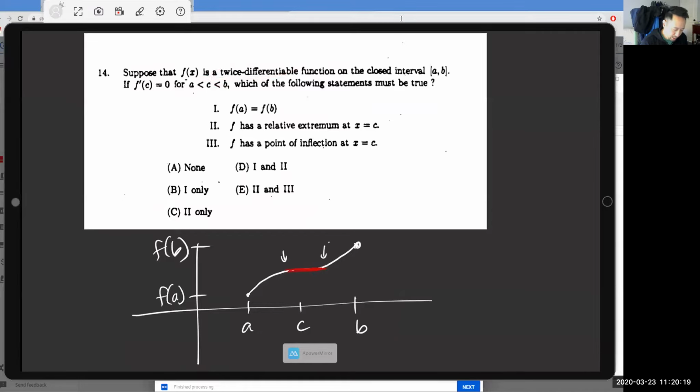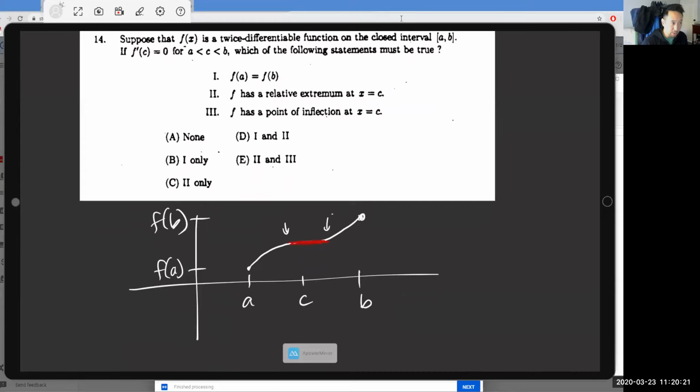So I drew a proposed graph of what's going on in this problem. And you notice c is between a and b. Great. I have a horizontal tangent at c. There's a slope of 0 right here at c. And I also intentionally put f of a lower than f of b because I can, right? Now they're asking for what must be true.